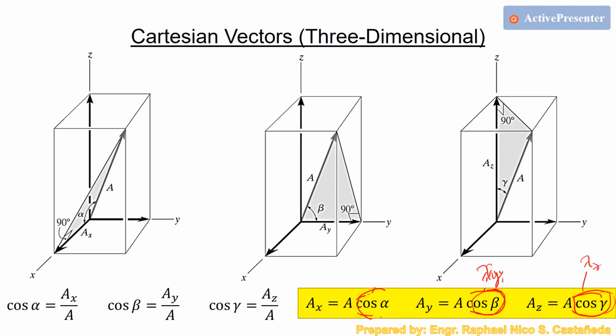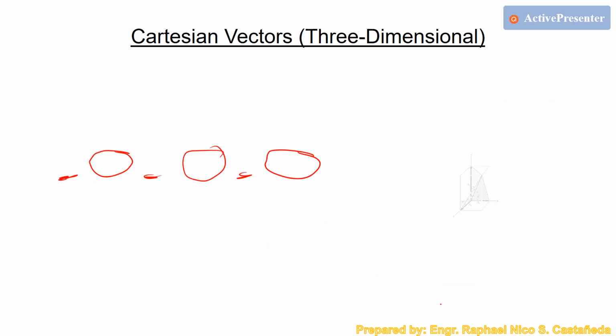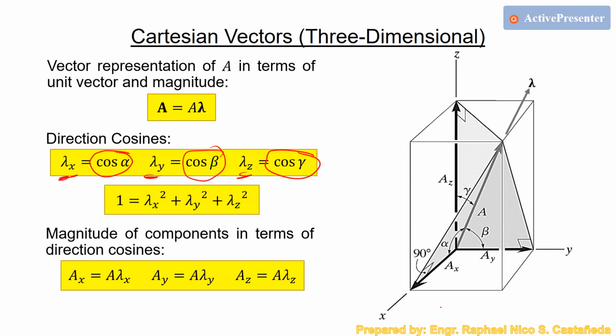So ax becomes a lambda x, and all the same with the other formulas. So it will look like this.